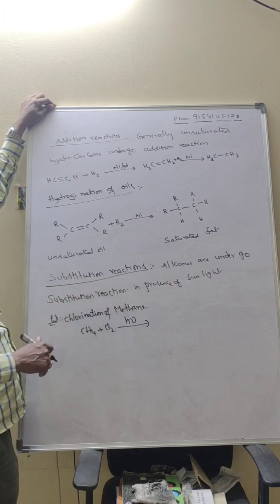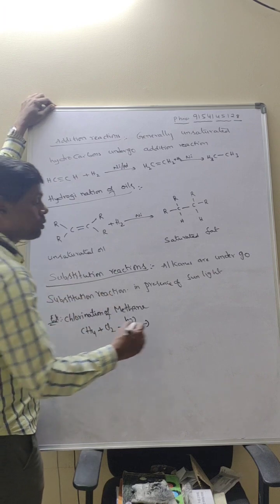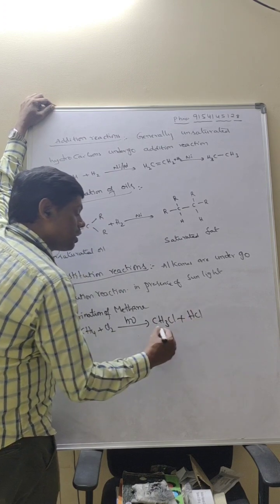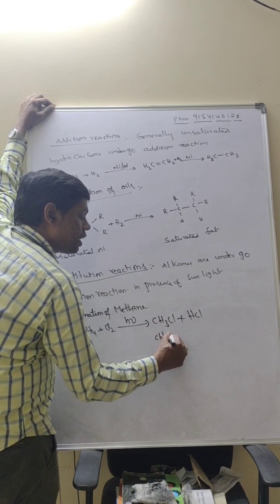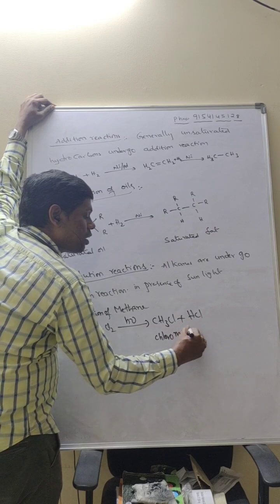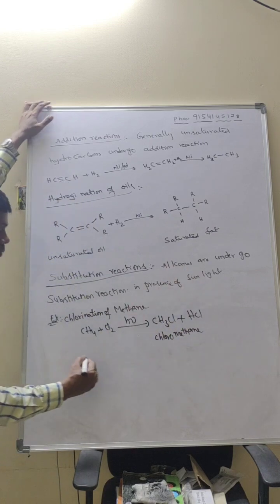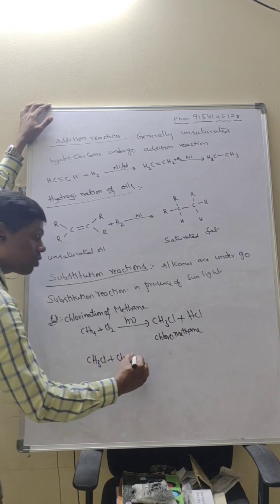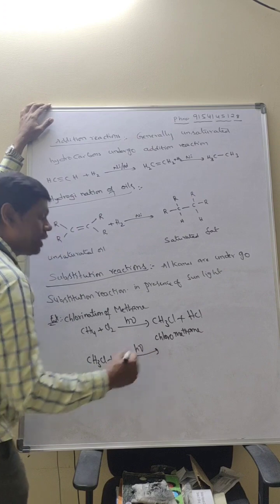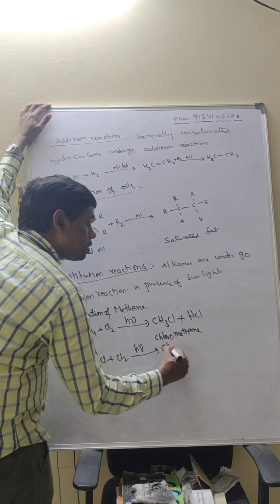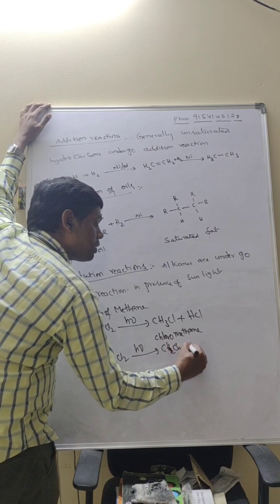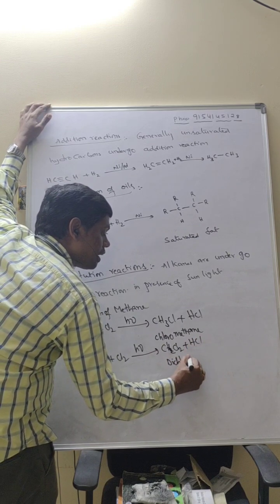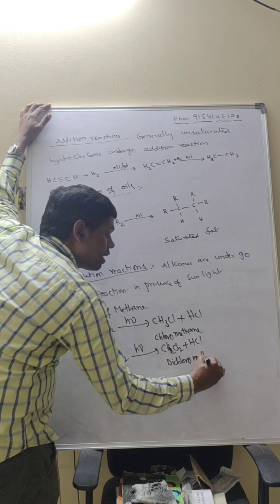Representation is most important, otherwise they may not give complete marks. This is called chloromethane. Representation of names is also important. This chloromethane again reacts with another chlorine molecule in the presence of sunlight, giving CH2Cl2 plus HCl. This is called dichloromethane.